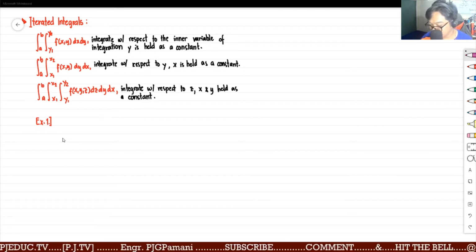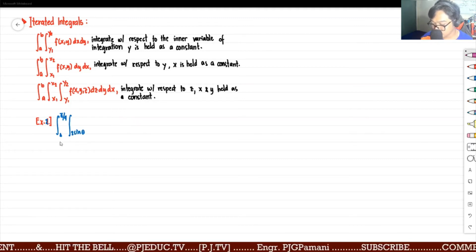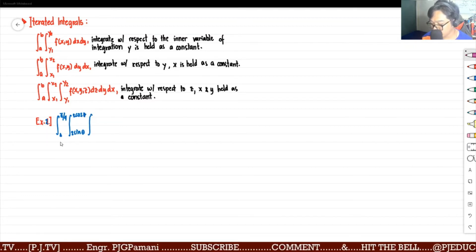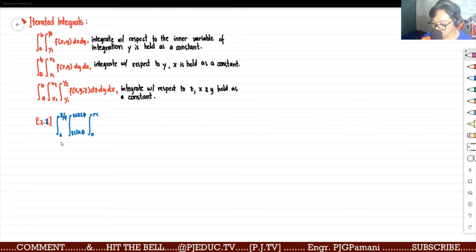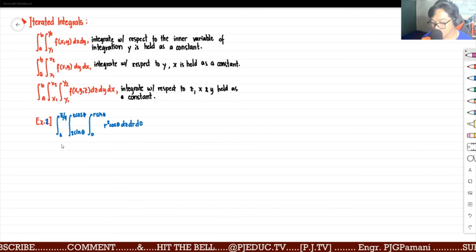Now, for the second example, integration of 0 to pi over 4 of integration of 2 sine theta up to 2 cosine theta, then integration of 0 to r sine theta, and the integrand now is r squared cosine theta dz dr and d theta.